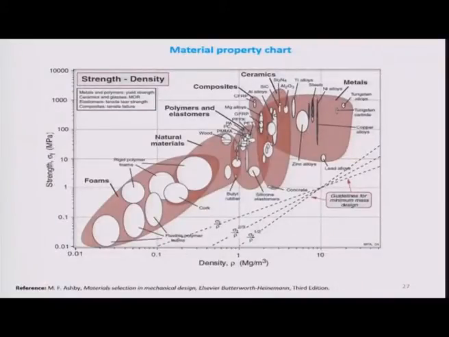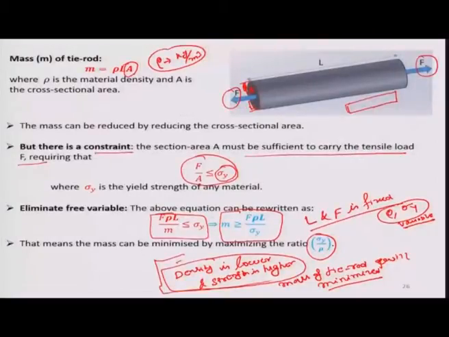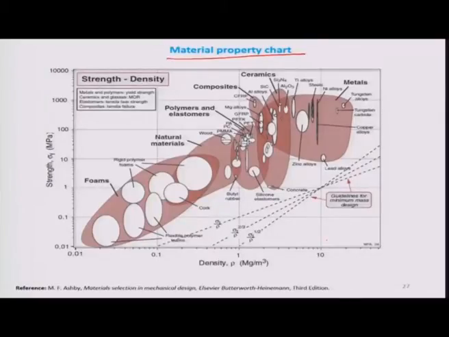Now, this is the material property chart. Here our goal is to maximize the ratio sigma y by rho. This material chart was proposed by Michael F. Ashby, and in this chart we can see a variety of materials plotted as strength versus density on a log plot. If I want to select a material with lower density, suppose 0.1, and higher strength, then what material will be good for us?